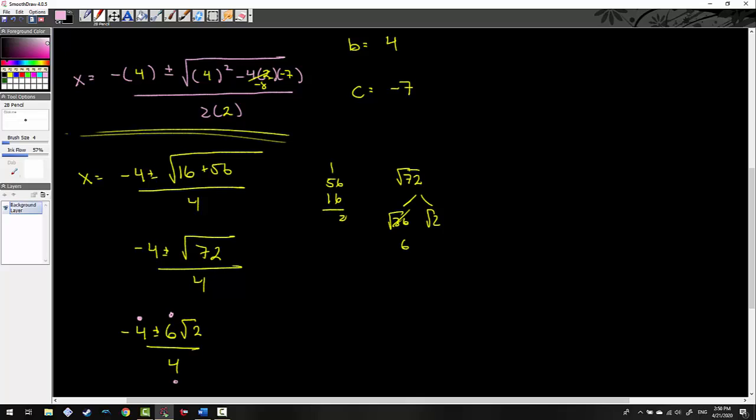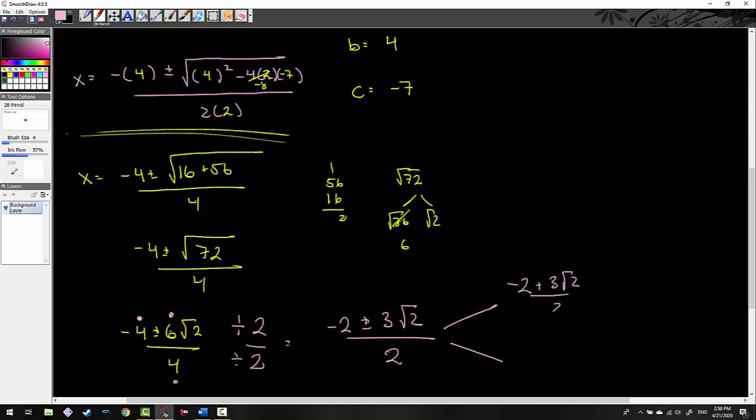Because they're all divisible by the same number, I'll go ahead and divide everything by 2, up top and bottom. So negative 4 divided by 2 is negative 2. 6 divided by 2 is going to be 3 root 2 over 4 divided by 2 is going to be 2. And if I wanted to split this guy up, I would say negative 2 plus 3 rad 2 over 2, and negative 2 minus 3 rad 2 over 2.